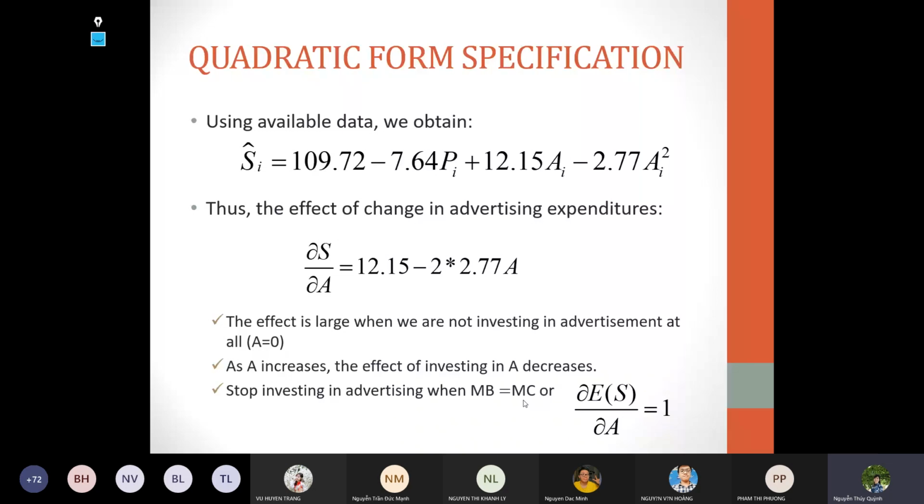The marginal cost here, what is the cost of increasing one additional unit in advertising expenditures? What is it?